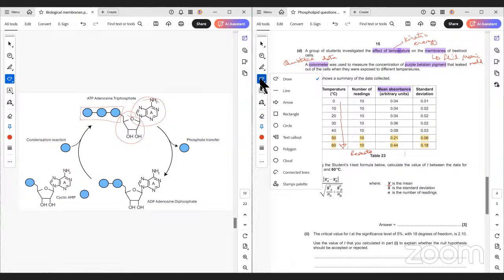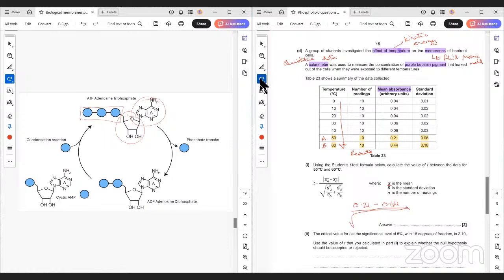So when I am looking at it, what have I got? I've got A, which is my 50, so 0.21, minus my B, which is 0.44. There's my A, there's my B. Then I'm going to divide that by the square root of the standard deviation of A, which is 0.06, squared, divided by the sample number, which was 10, because they told me in the question.